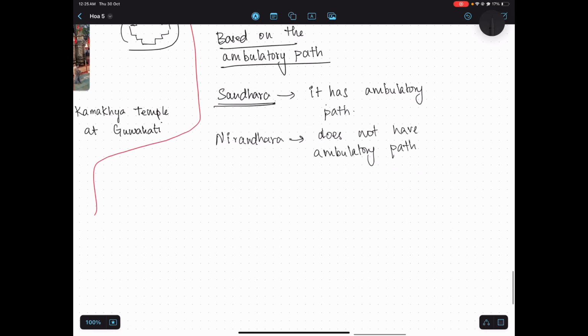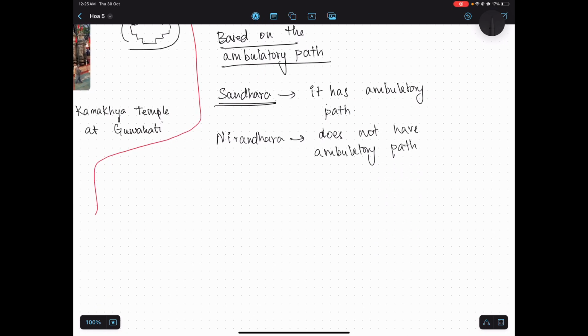And if your temple has an ambulatory path but in all four directions, then it is called Sarvatobhadra. Four entrances in the cardinal direction.